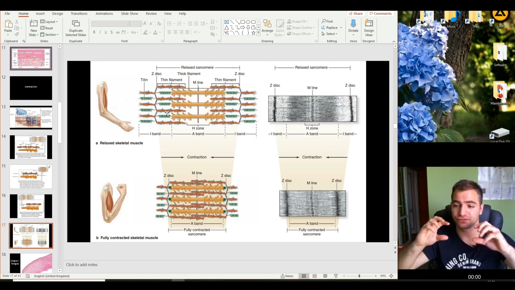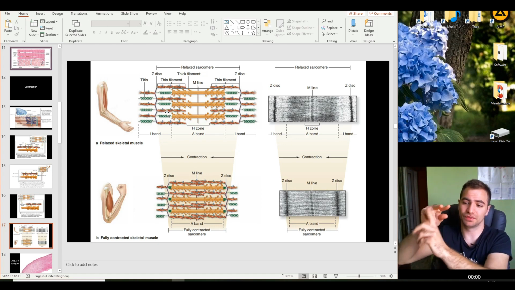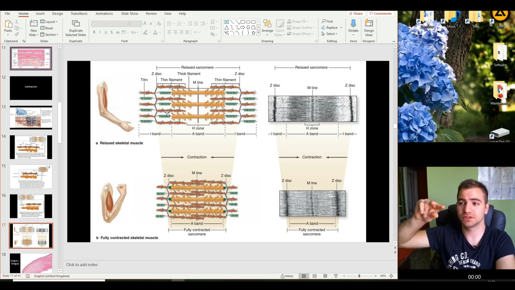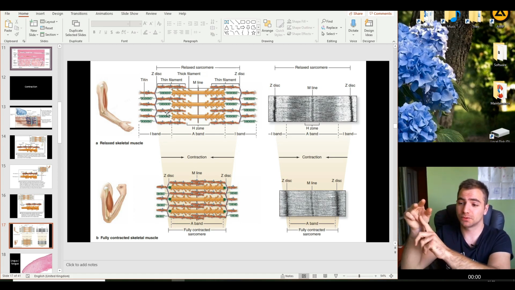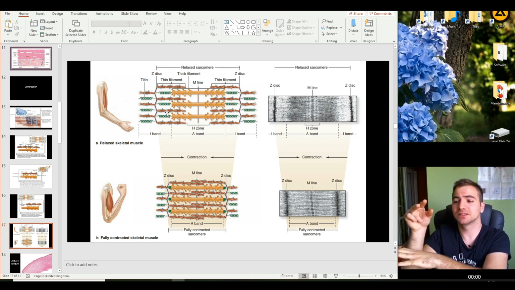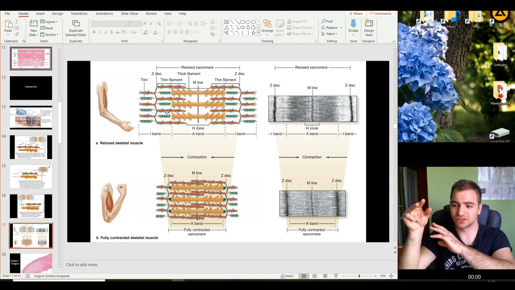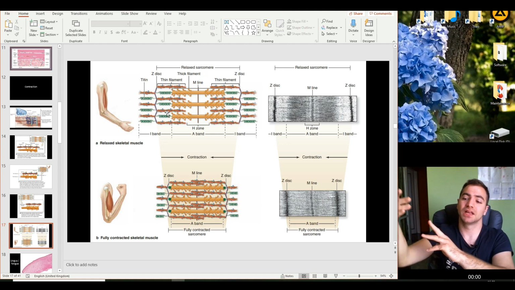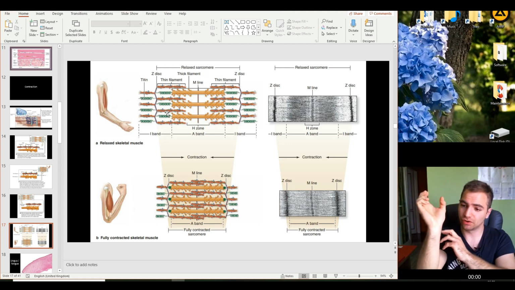Because of this free calcium, the calcium binds on the TNC portion of the troponin, leading to a conformational change that allows the tropomyosin to move away from the actin binding site, and because there is a free actin binding site, the myosin head will attach on this actin.